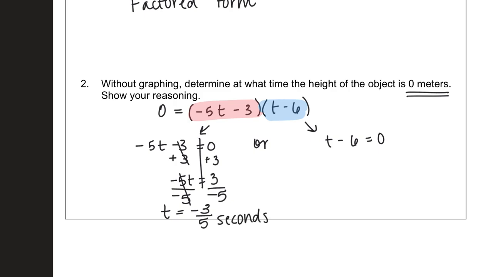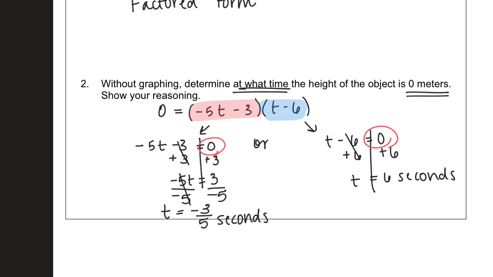This is our value of time because we are determining what time the height was 0. So that's our first option. Or for the other one, we would add 6 and get t equals 6 seconds. So we have both of these values that give us the output of 0 that we're looking for.